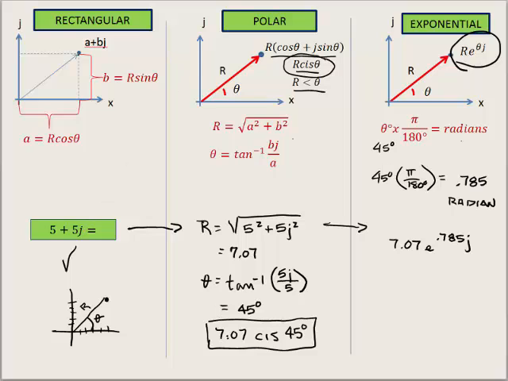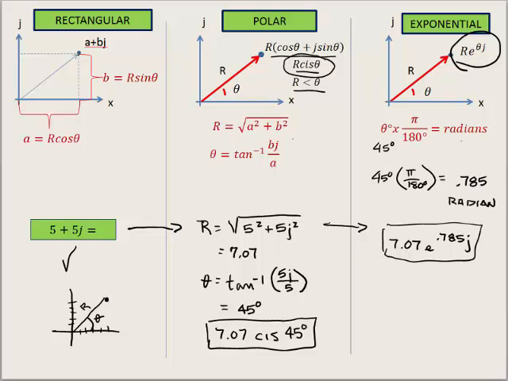In polar format, it's 7.07 CIS 45 degrees. In exponential format, the same point is 7.07 e raised to the 0.785j. So again, my way of doing this, instead of just introducing you to several examples of rectangular format, I show you all 3 at the same time. And we're able to take a rectangular format, convert it to a polar format, and convert it to an exponential format.